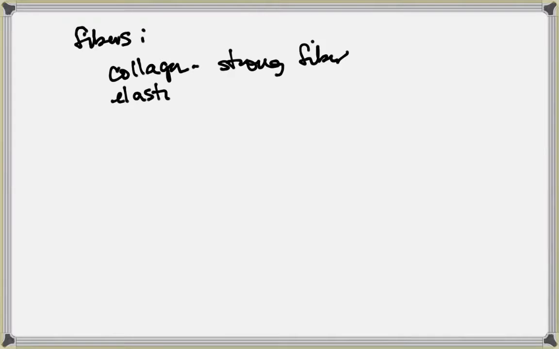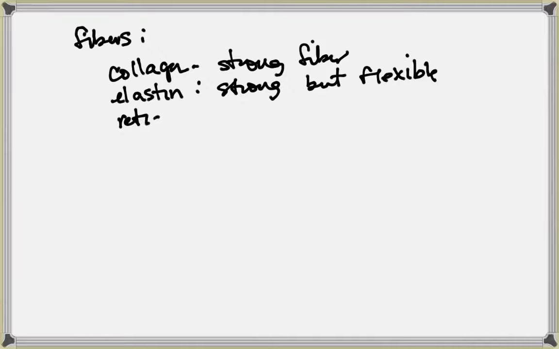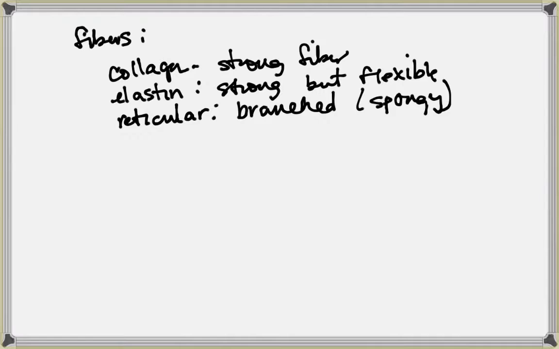You have elastin fibers. These are important. They are strong, but they're flexible. And reticular fibers are branched, and they tend to look kind of spongy. And so I like to think of this for networking.